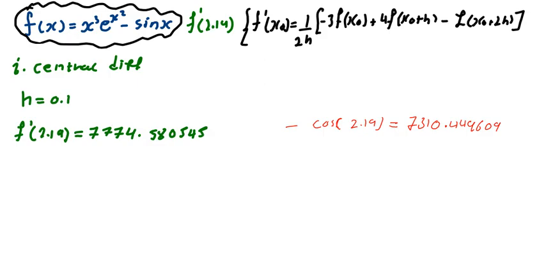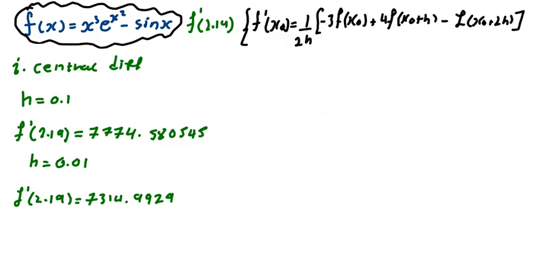When h was equal to 0.01, my f prime of 2.19, I found 7314.9929. Okay, so I'll bring back the exact value there.